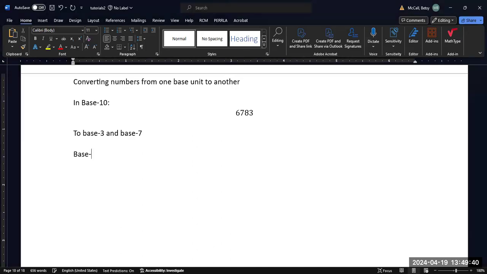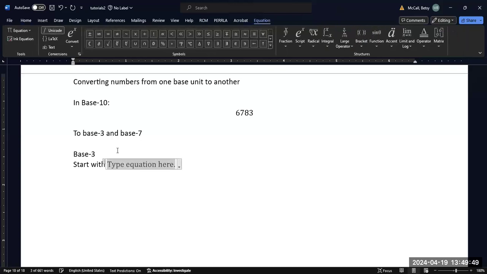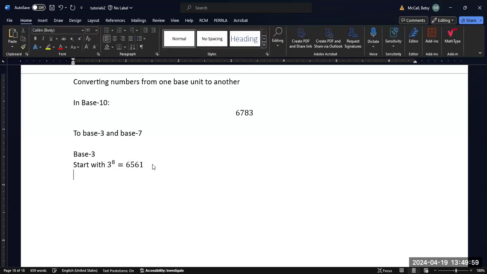So for base 3, we're going to start with 3 to the 8th, which is 6561. And so we're going to figure out how many times 6561 divides evenly into 6783.